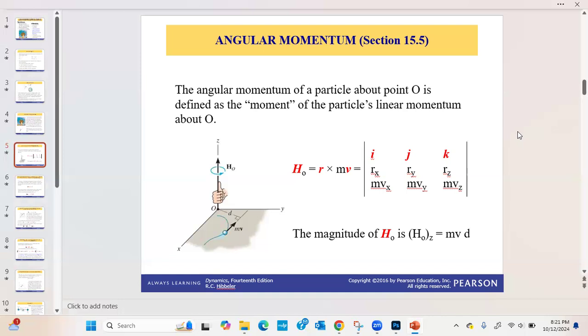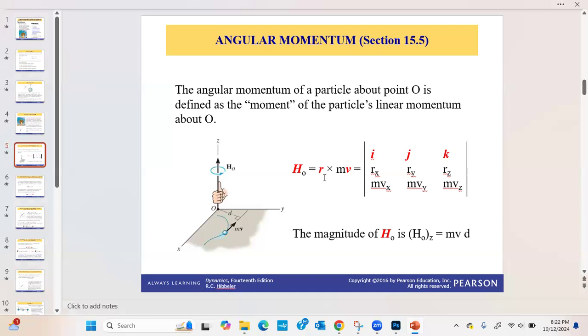Well, now with angular momentum, it doesn't work quite that way. What we're looking at is the moment created by the particle's linear momentum. So we're taking that linear momentum, which is mass times velocity, and we are multiplying that by the perpendicular distance to the point we're looking at. Or again, if it's tough to find that perpendicular distance, we'll take R, a position vector from the point we're taking moments about to the line of action of that linear momentum.